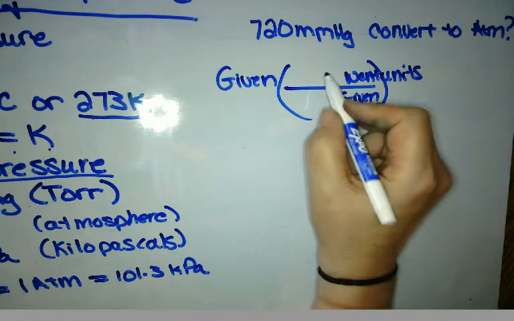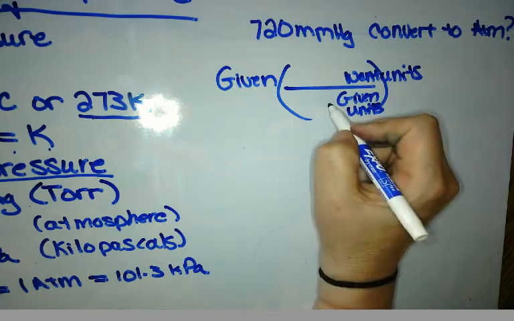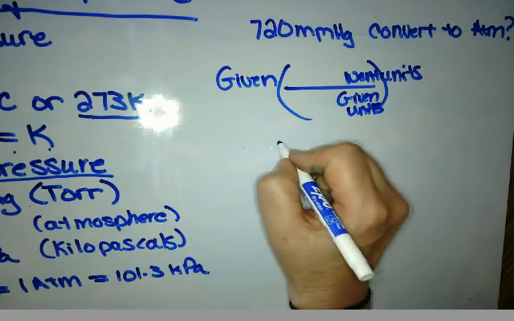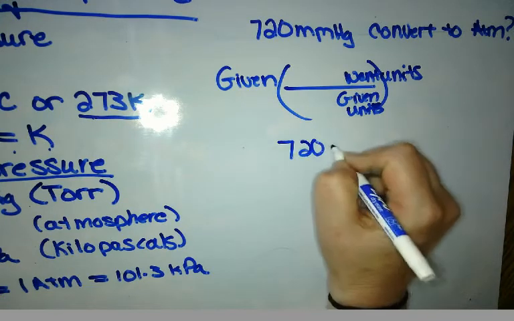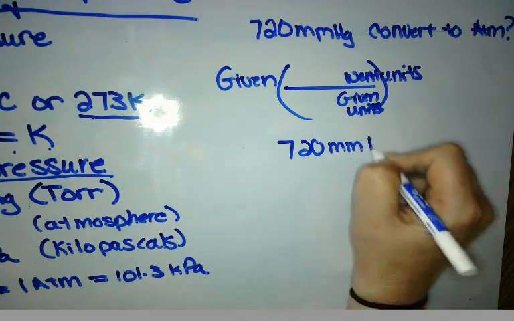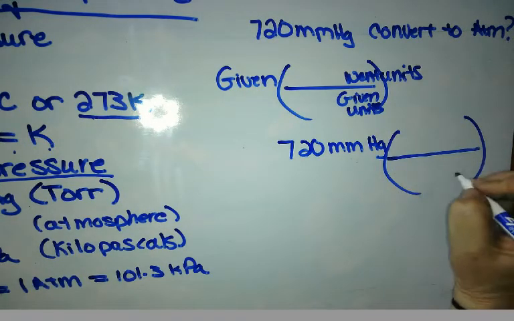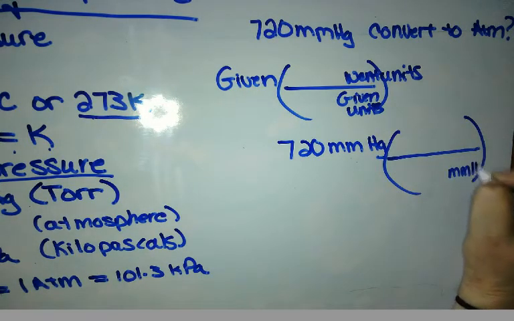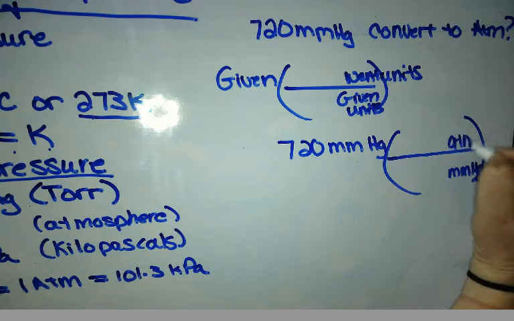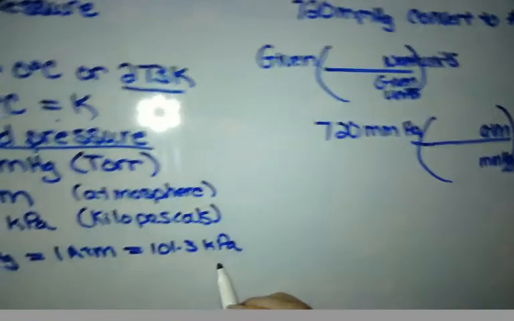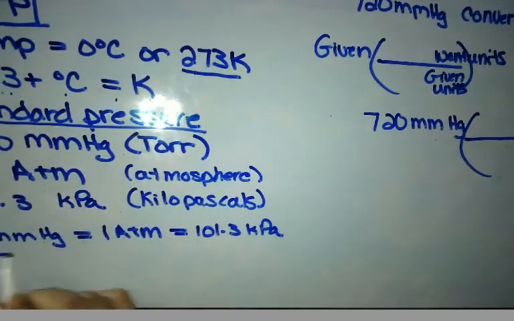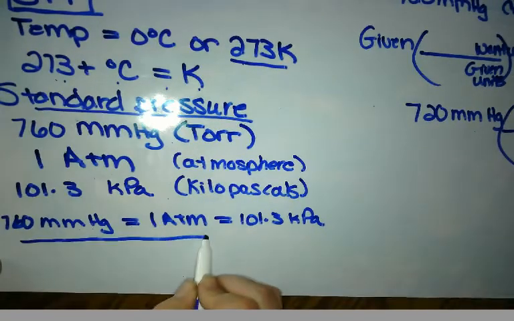And then we just put in what is a true statement, okay? So we have 720 millimeters of mercury, and I need to convert it. Whoop, whoop. Get rid of my millimeters of mercury, and we want to go to atmospheres, and then I look over here. What is true? 1 atmosphere equals 760 millimeters of mercury.